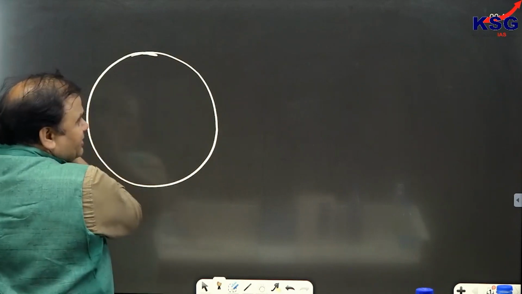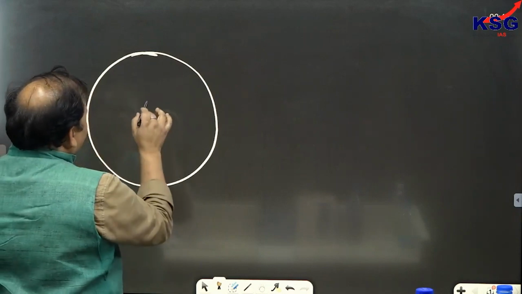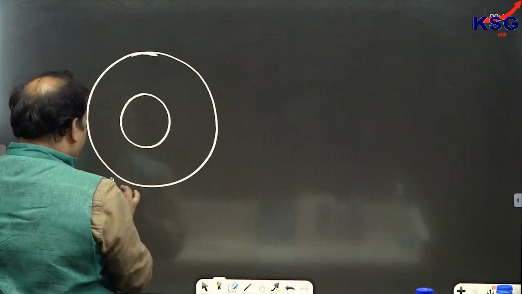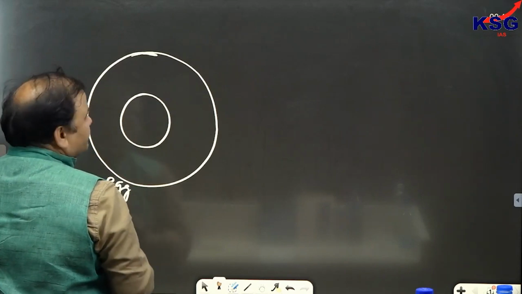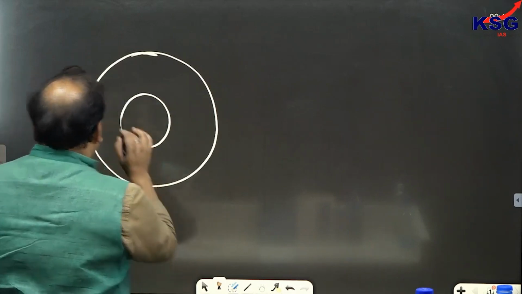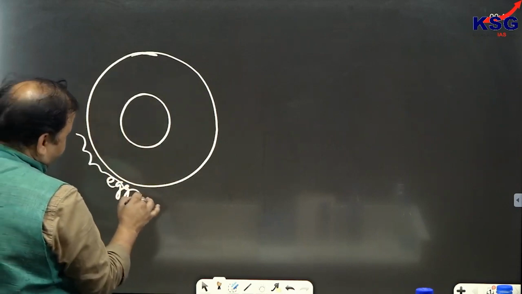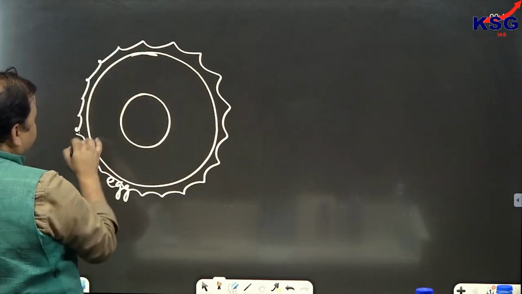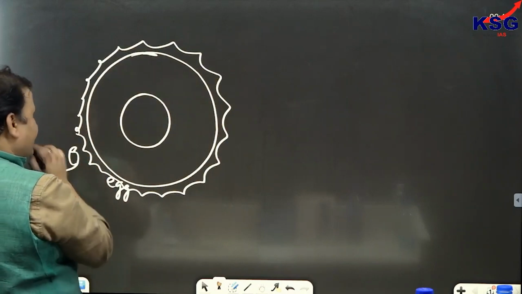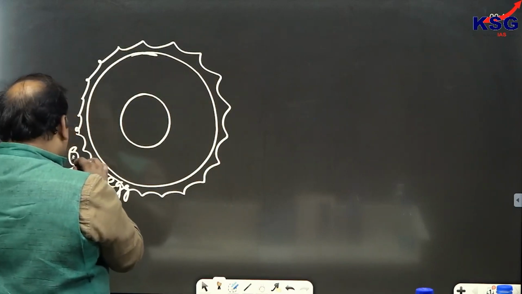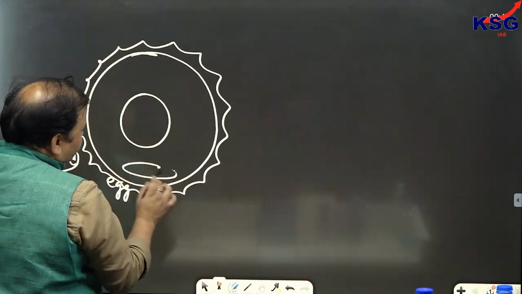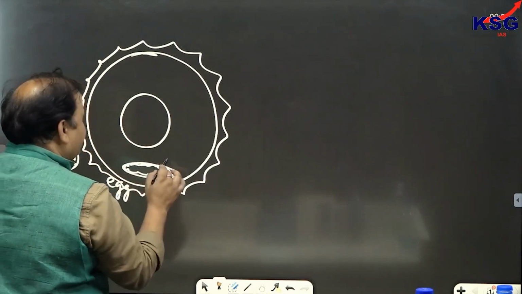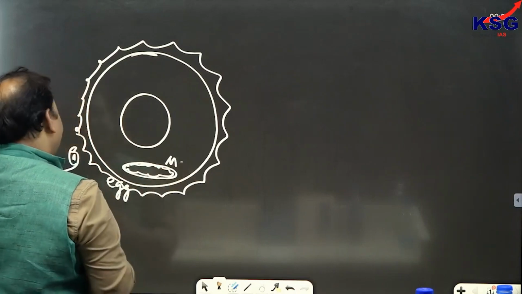This is the nucleus of the mother, the egg of the mother, and this has been fertilized by the sperm of the father, so the genetic material of the father. And this is the mitochondria of the mother.